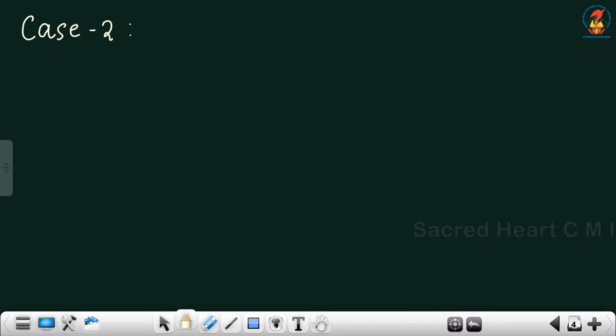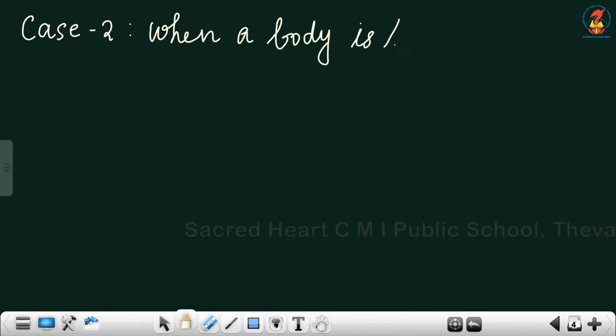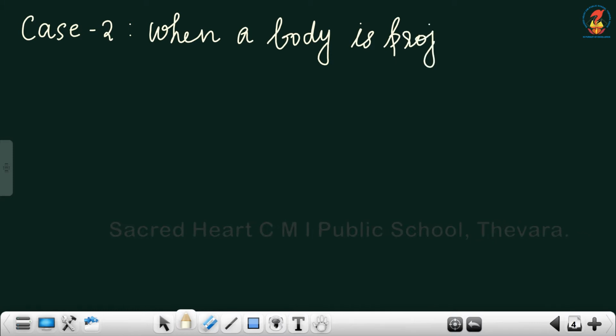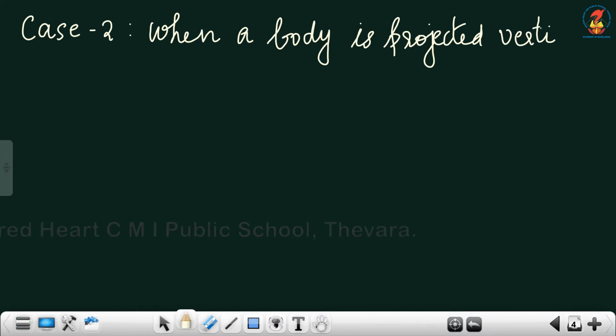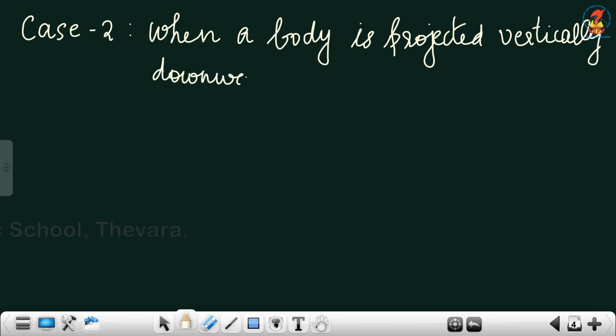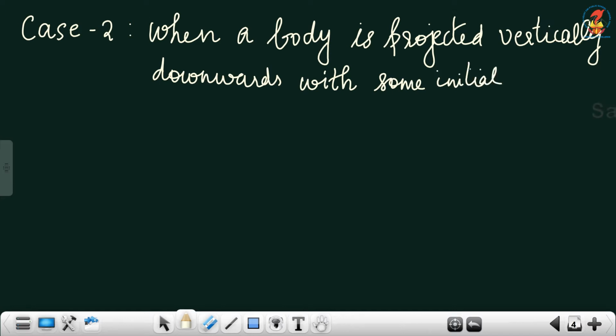Case 2 is when a body is projected vertically downwards with some initial velocity.